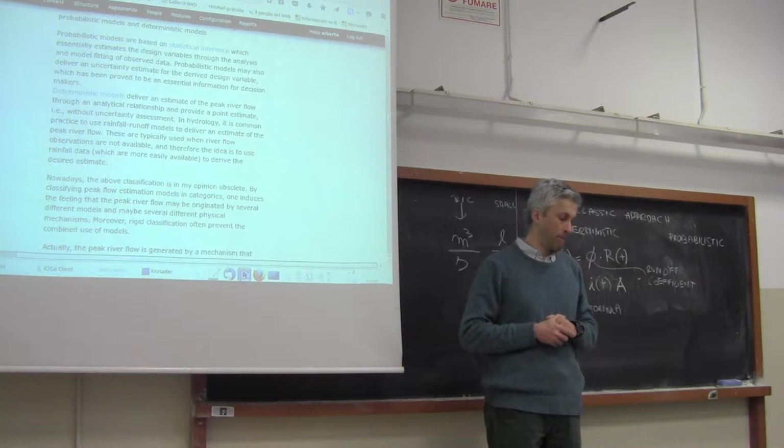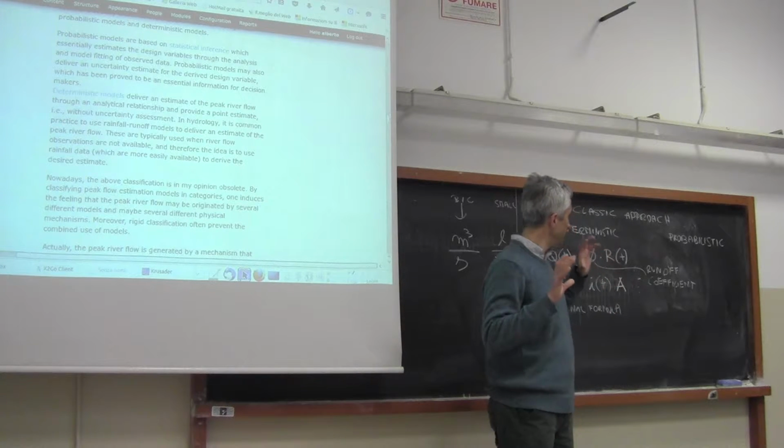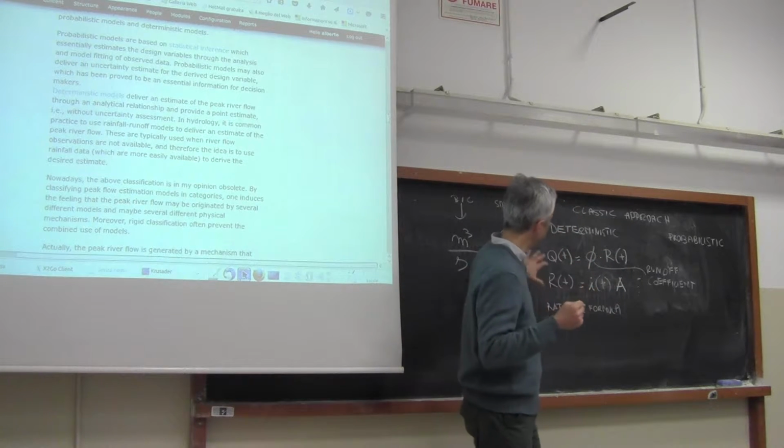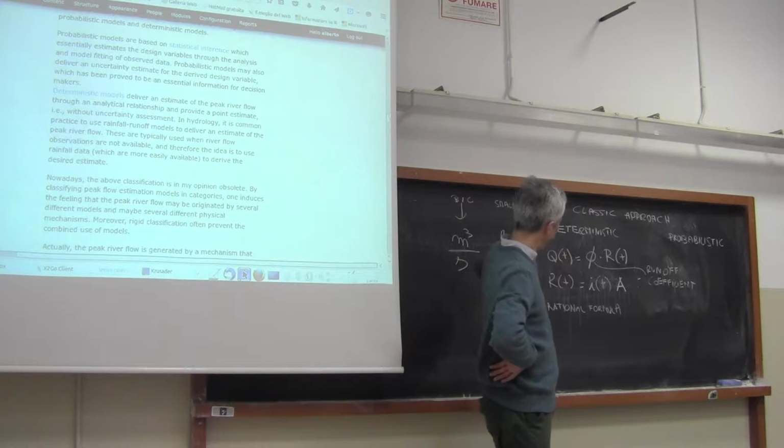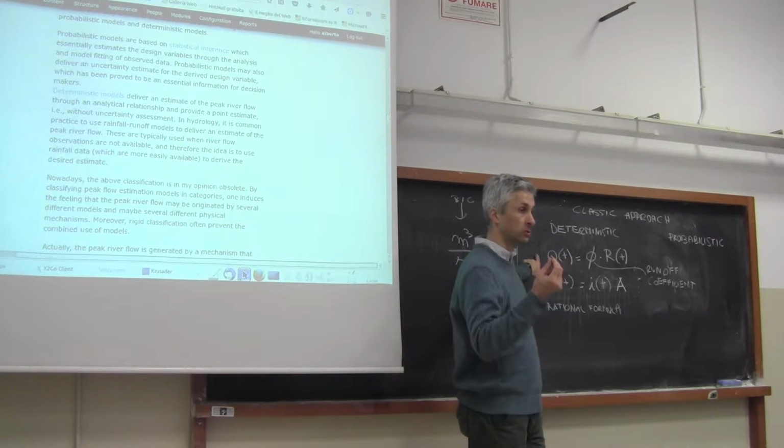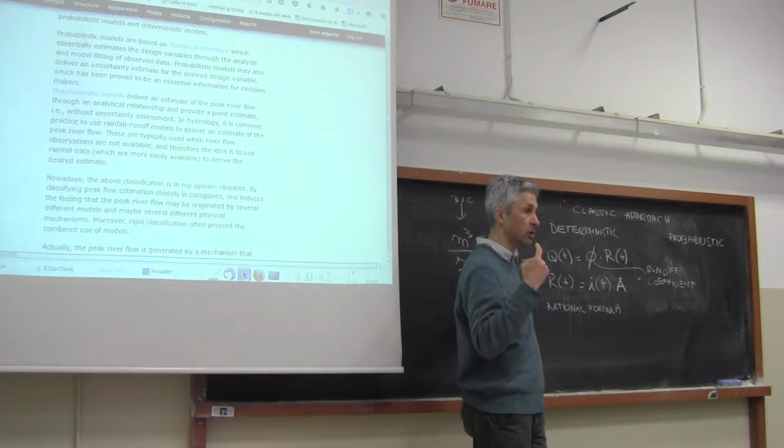And what kind of structure may a probabilistic model have? Because I gave you an example of a deterministic model, and I forgot to tell you that this example is implicitly based on the application of a law of physics, which is the law of conservation of mass.